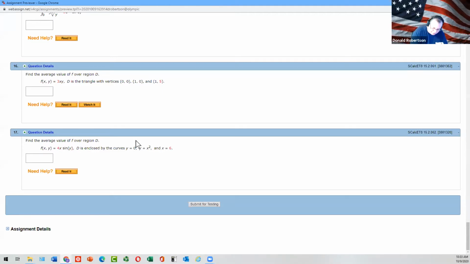The function that we're going to find the average value for is 4x sine y. The region D is described by y equals 0, y equals x squared, and x equals 6. So I'll go to the white screen and work on that.